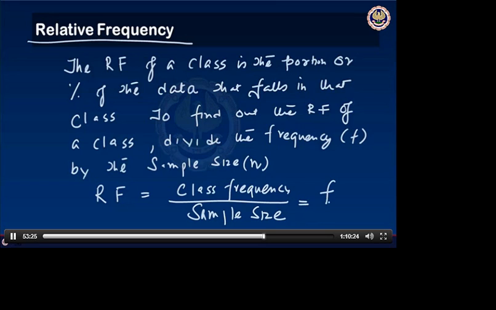So we can just put as F divided by N, where F represents the class frequency and N as the sample size.